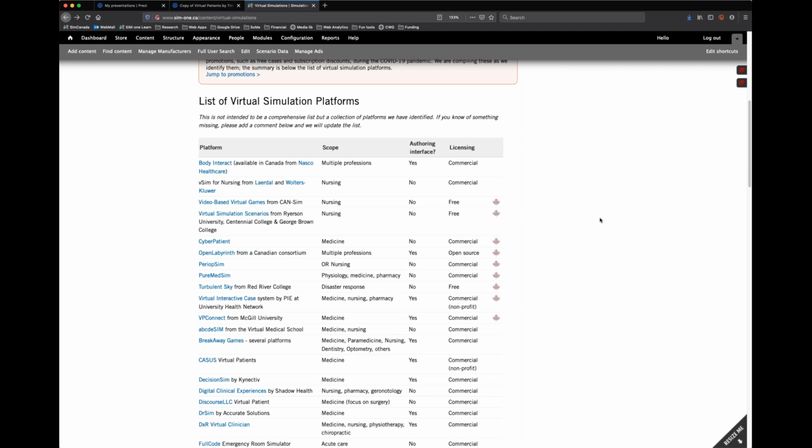And ultimately, it might be that no one platform will do everything you need it to do, because perhaps your learners have some needs both around the clinical decision-making and problem-solving aspects, but also communication or also interprofessional collaboration, or also learning some procedures.